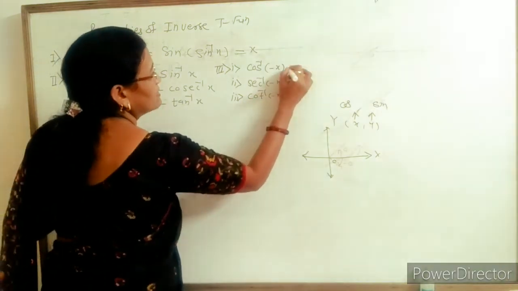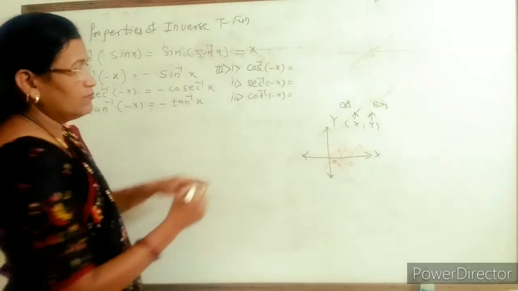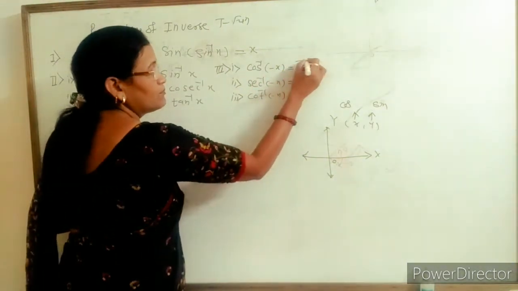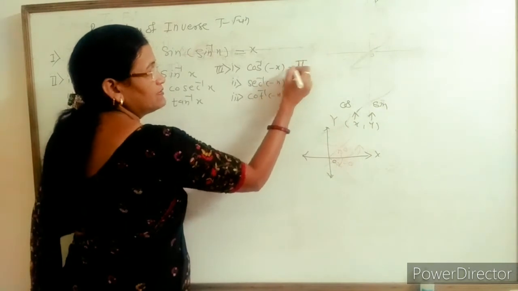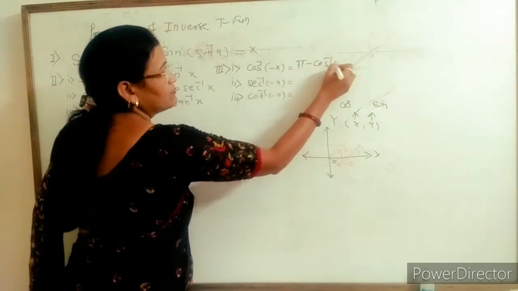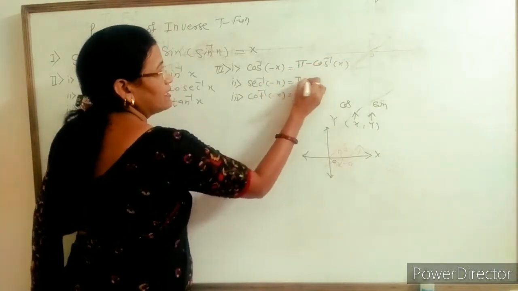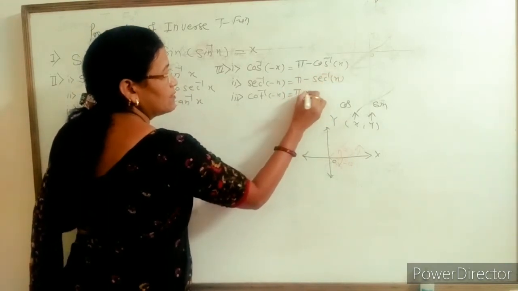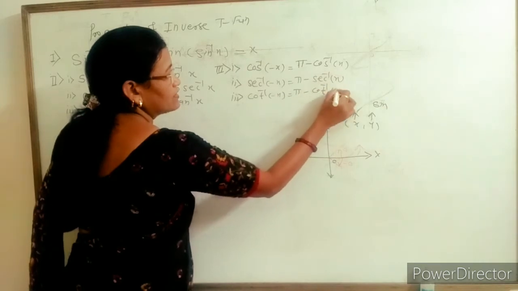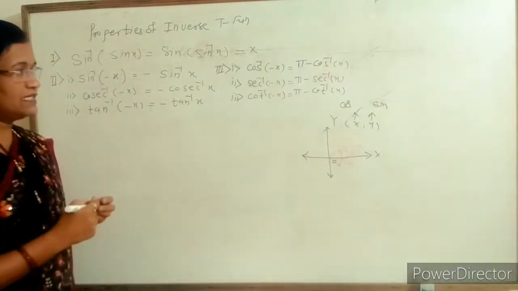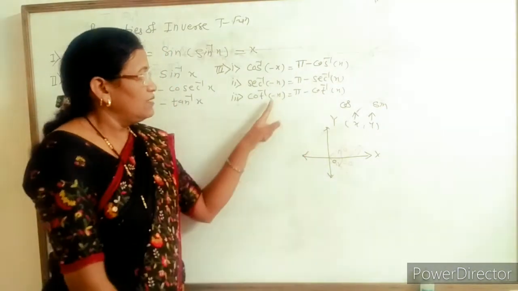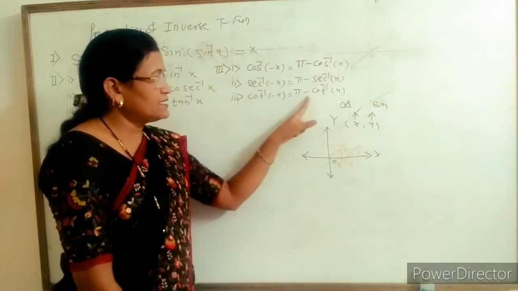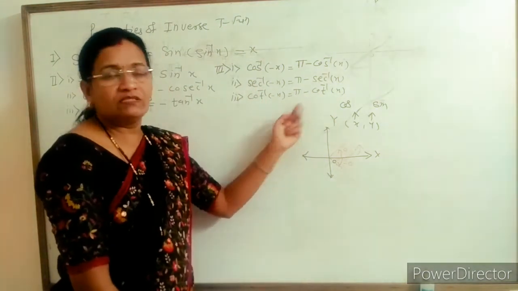So all these inverse functions with their negative numbers can be mapped with their supplementary angles, which means we take pi minus cos inverse of x, pi minus sec inverse of x, and pi minus cot inverse of x. So cot inverse of minus x plus cot inverse of x is nothing but pi.